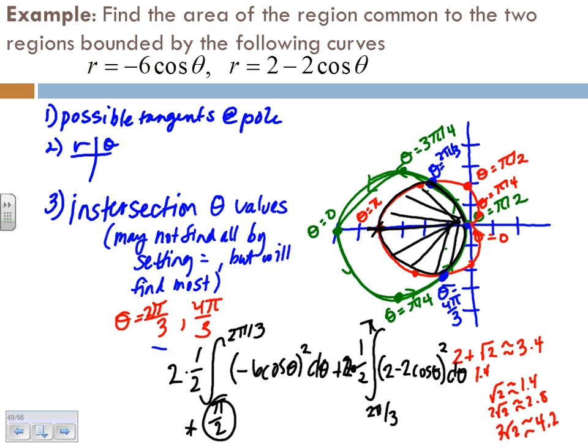Let me write up the answer for you. I just want you to be able to do that. So if you get it, you can check. It's 5 pi.